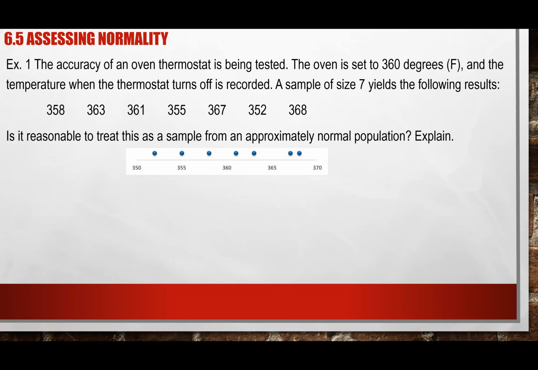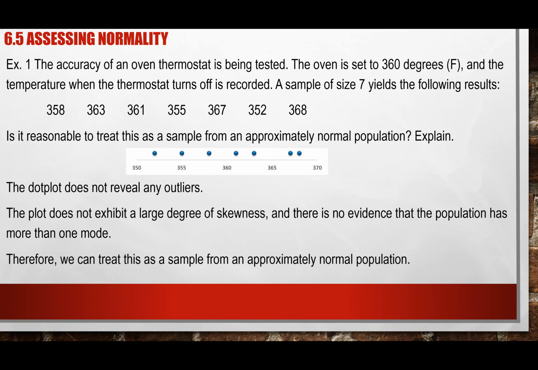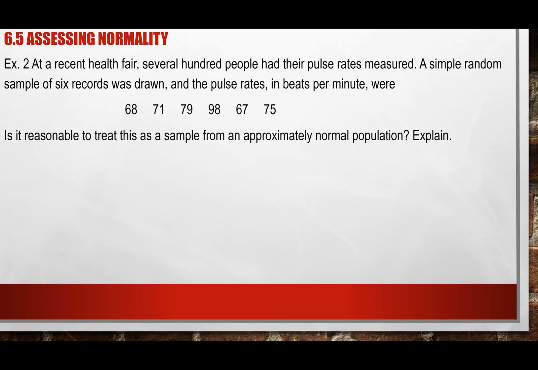If you graph this with a dot plot, you can see that your data is kind of together, there's no outlier, like there's no one point somewhere further away, and there's no mode. In this one, they scatter out pretty good, and there's no one or two modes. So this is all they tell you: can we do it?